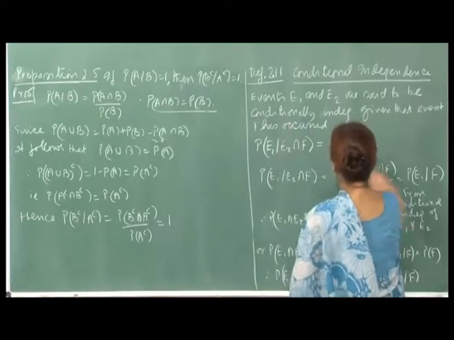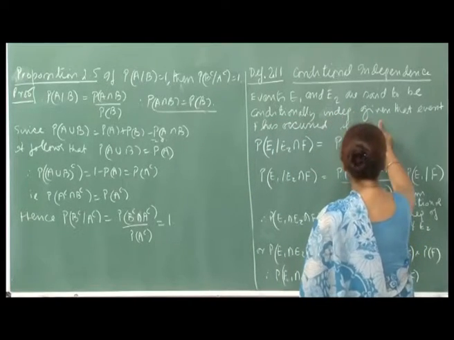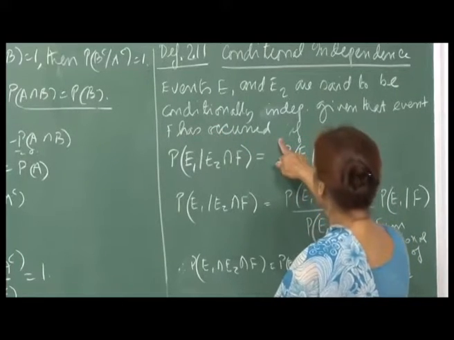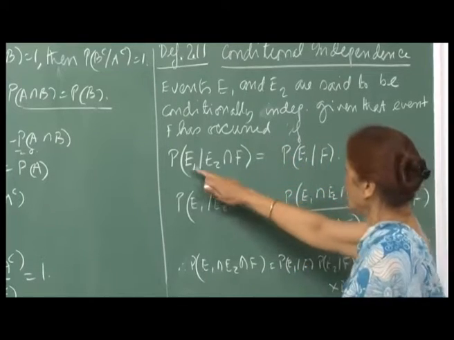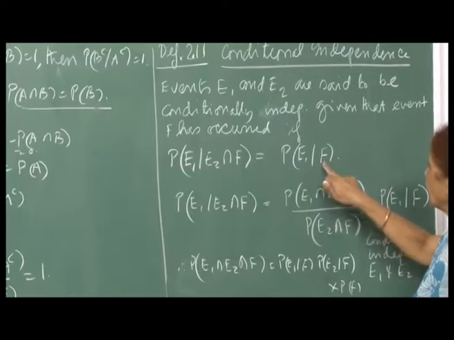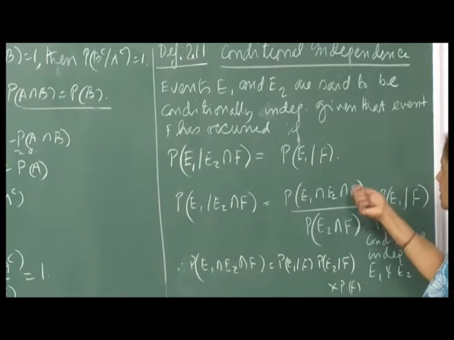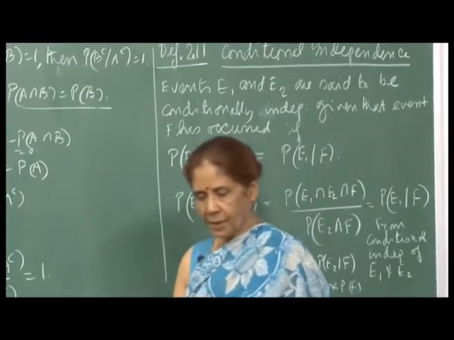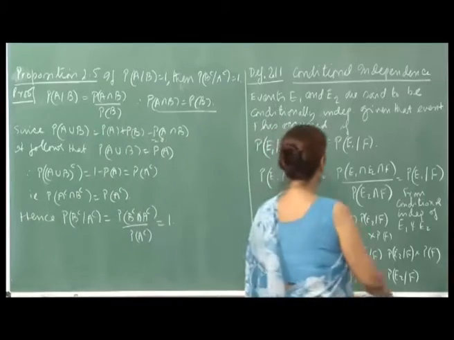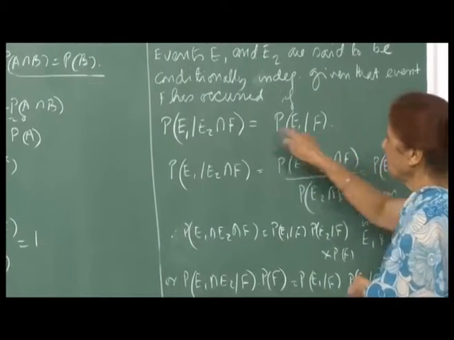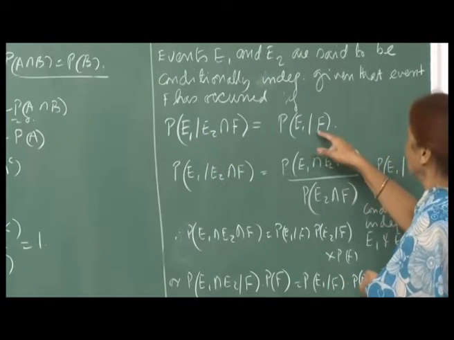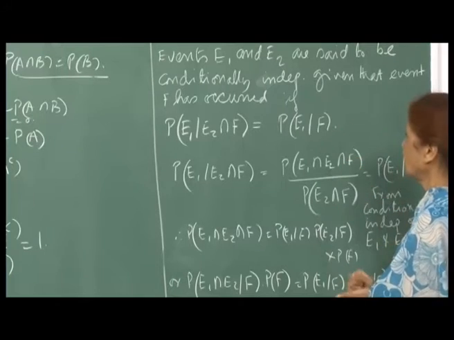So, we say that E1 and E2 are conditionally independent given that event F has occurred if the probability of E1 conditioned on E2 intersection F is the probability of E1 conditioned on F. That means, the same definition that we gave for independence of two events, the occurrence of E2 has no bearing on this probability, right. So, when you condition on E2 intersection F, it is the same as conditioning on F, and E2 has no role to play.